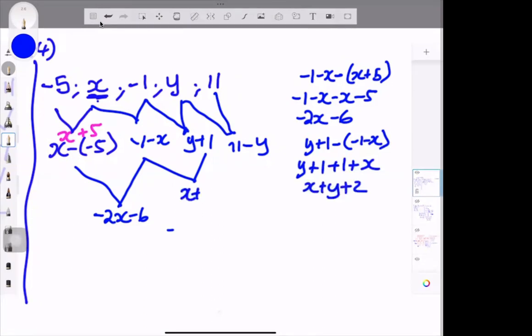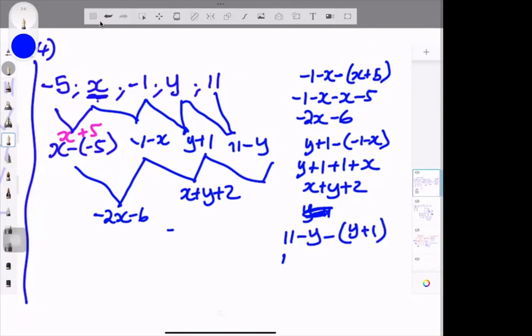Right? And then the last one is going to be 11 minus y, minus, in brackets, y plus 1, which is 11 minus y minus y minus 1, which is 10 minus 2y, right? Now, what do we know? I have the second differences. What do we know about the second differences?